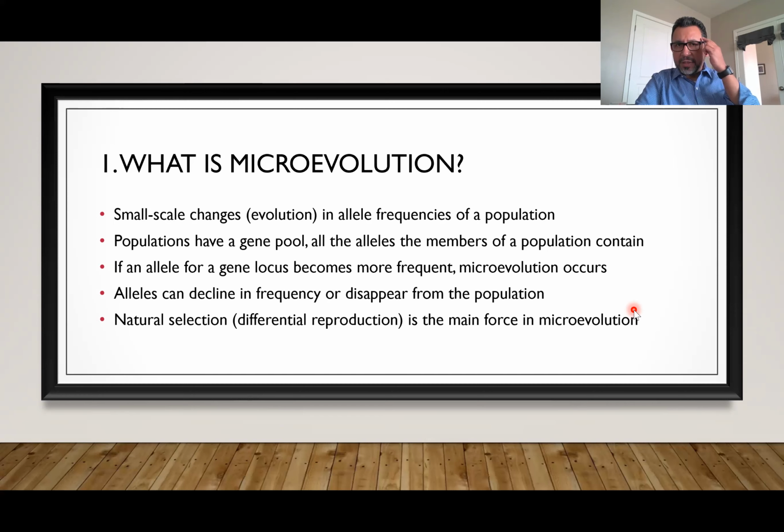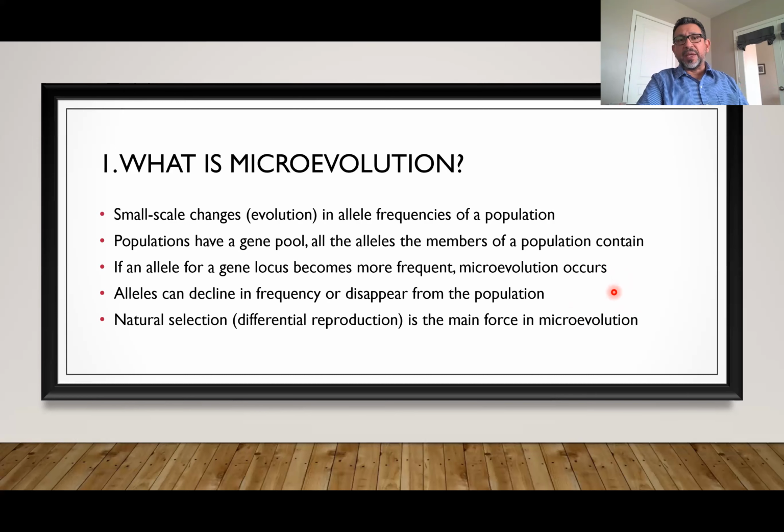You can then deduce that those individuals that are successful in producing larger numbers of offspring are going to be passing more of those alleles that make them successful to the following generations. And that's one way microevolution may be happening as those alleles increase in frequency.